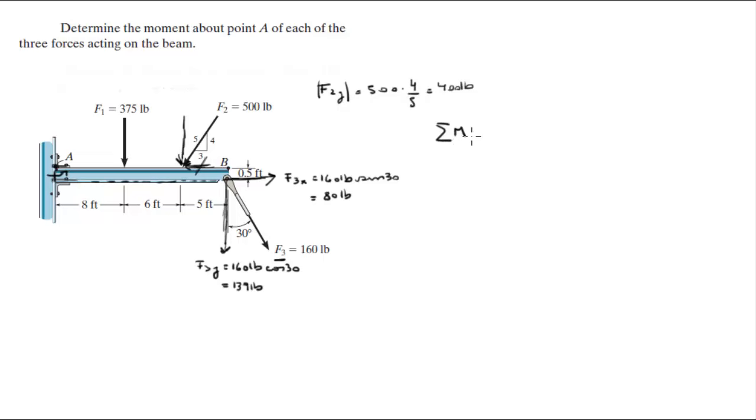The moment about A that F1 creates, assuming counterclockwise is positive, is equal to 375, sorry, that's a 3,375 pounds times the length of this lever arm, which is 8 feet, and it's turning it clockwise, therefore it's negative.